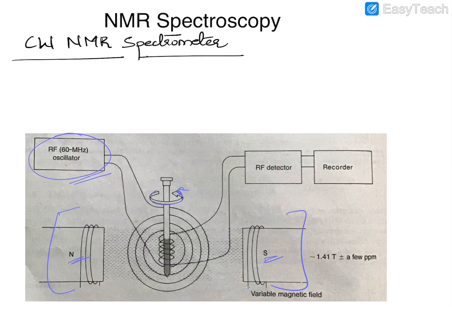And this magnetic field strength is variable within a slight range above and below 1.41 Tesla, plus or minus a few delta ppm. That will help in getting all the different proton nuclei in that particular sample to come into resonance as we sweep the external magnetic field from some finite value to a certain other finite value.